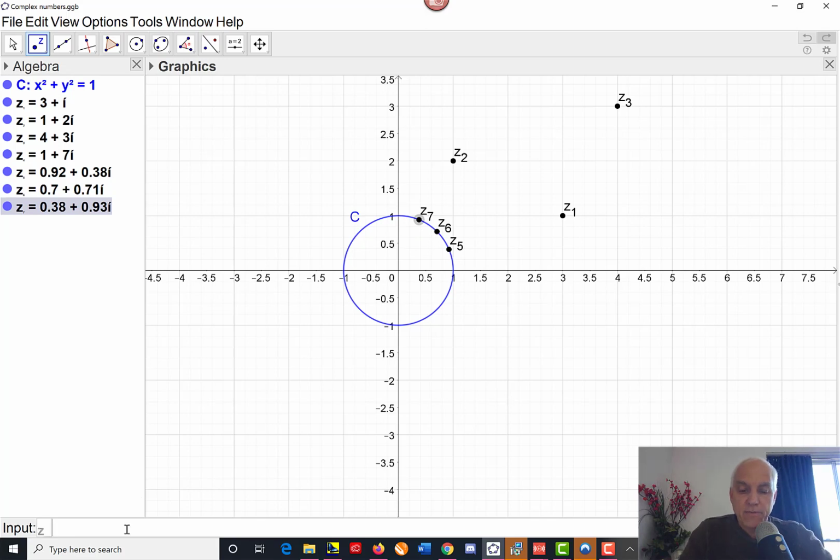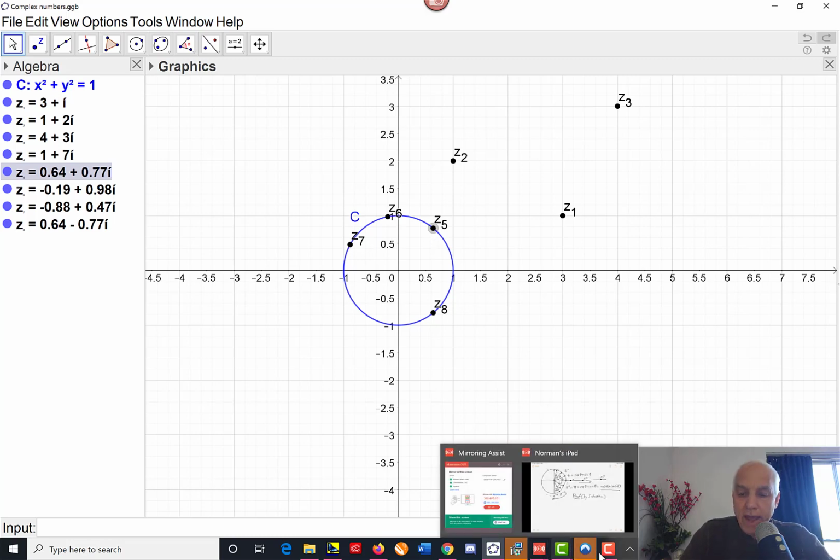If I take Z sub 5 and I raise it to the power minus 1, that's like inverting it, it's down there. And maybe I can even drag things. If I take my arrow there and I drag this around, you can see what happens to the powers. I'm just moving the initial point, and the various powers are moving around. So this is quite a nice visualization tool that helps us understand what happens with complex numbers. Great.